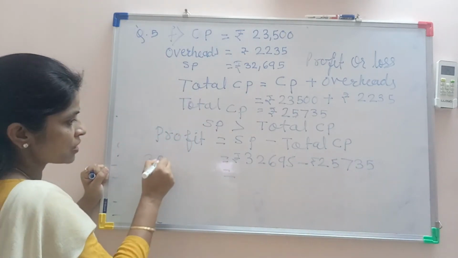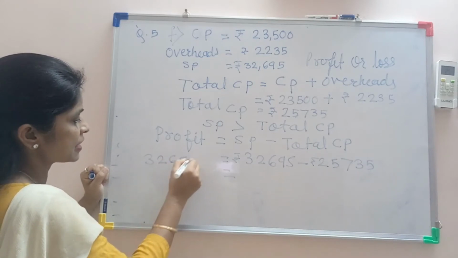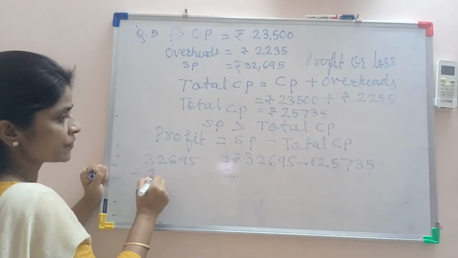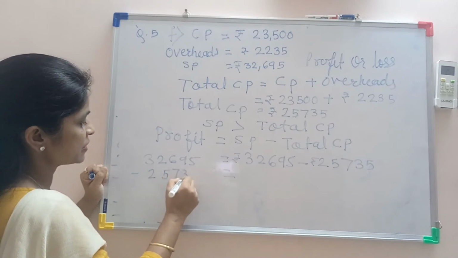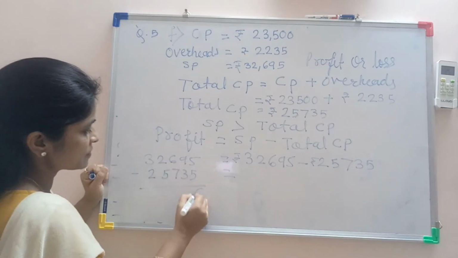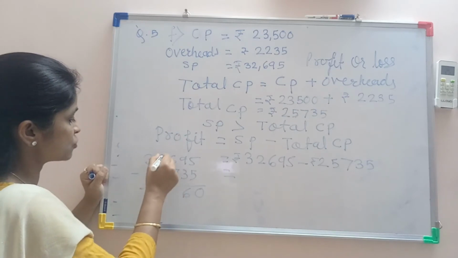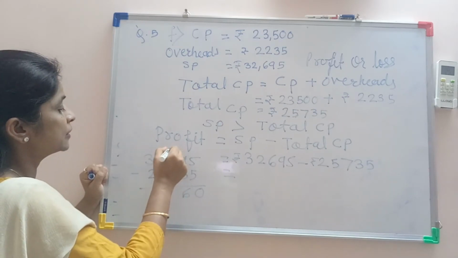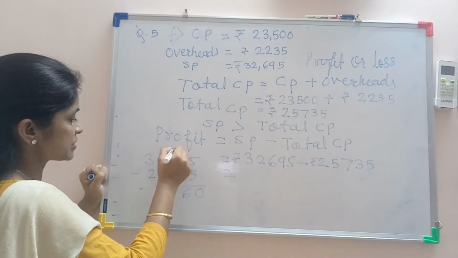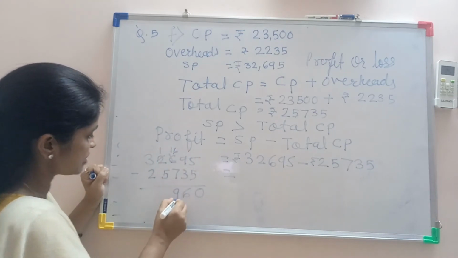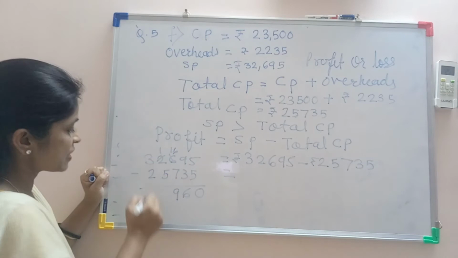That is 32,695 minus 25,735. That becomes 0. 6 is smaller than 7. We will regroup the number. That becomes 16. 16 minus 7 is 9. Again 1 minus 5 is small.